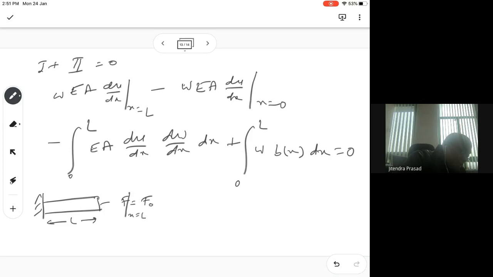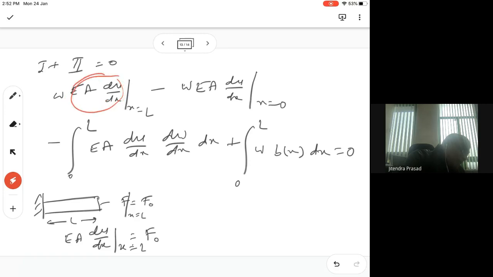So this really means EA du over dx, E times du over dx, which is a stress, multiplied by the area, the force at x equal to L, is equal to f naught. So EA du over dx is nothing but f naught. If you have the boundary condition, you can write it here.